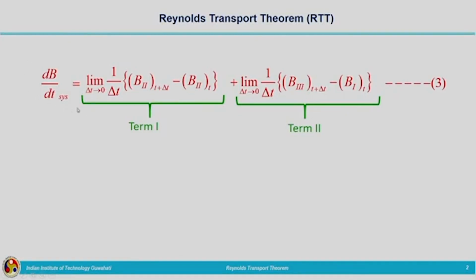In the previous lecture, we started with the derivation, and the expression came out to be like this. We considered a fluid flow field. Within that, we considered a control mass, and from the analysis point of view, under the Eulerian perspective, we considered a control volume. At time t, this control volume and the system were coinciding with each other.